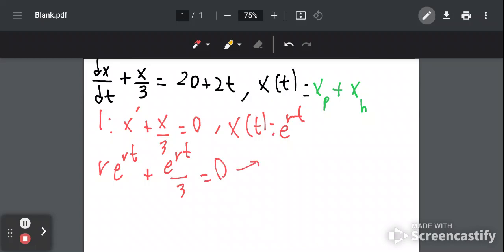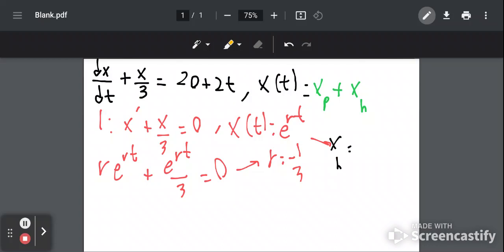We can factor out e to the rt, and we see that r in fact equals negative 1/3. So very quickly, we can see that the homogeneous solution, x sub h, is e to the negative 1/3 t.